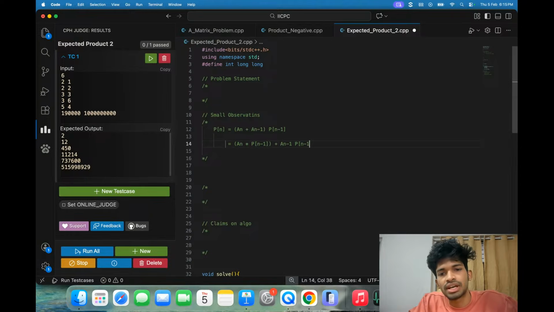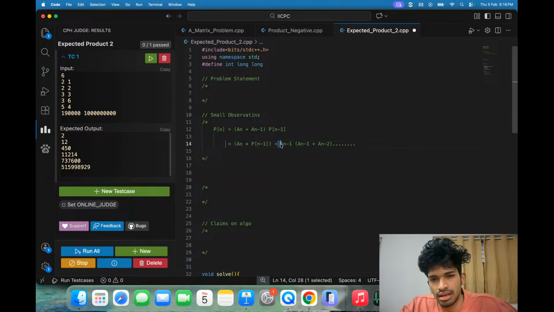What is Pn minus 1 again? Can we write this as Sn minus 1?